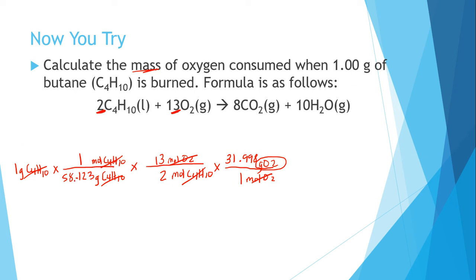Note, 1 divided by 58 times 13 divided by 2, because it's on bottom, times 31. When you guys solve that, you get 3.5783, etc. Because these zeros are at the end and there's a decimal, there is 3 sig figs for this number. So 3.58 grams of O2.